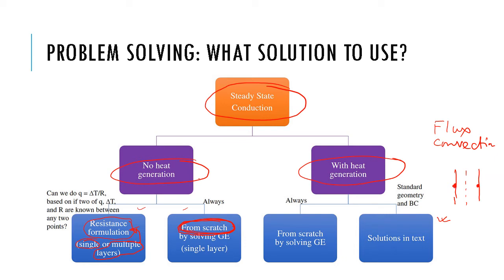So only when the temperature is given can we use the solution in the text. For other boundary conditions or for other geometries, we have to do it from scratch. So again, two ways. Either things match exactly with what we did, then we can use the solution, or we do it from scratch. The same here.